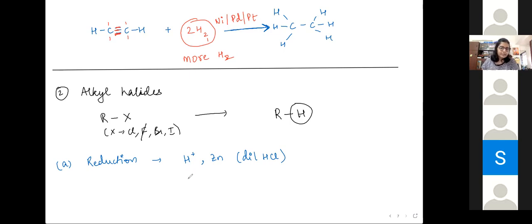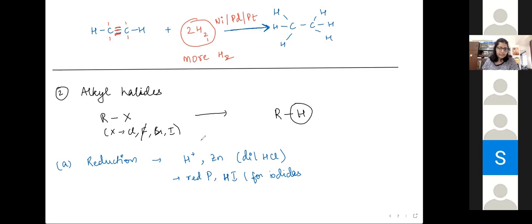Another reagent that is used is red phosphorus in the presence of hydrogen iodide, HI. This is used usually for iodides because if you look at it, it's basically a substitution reaction, right?